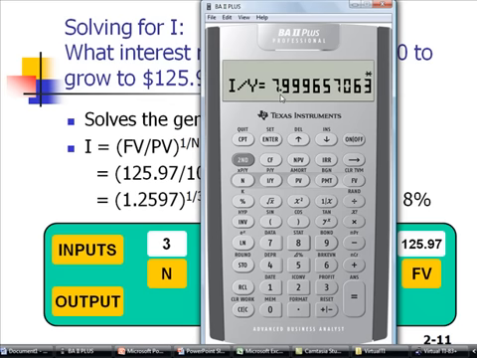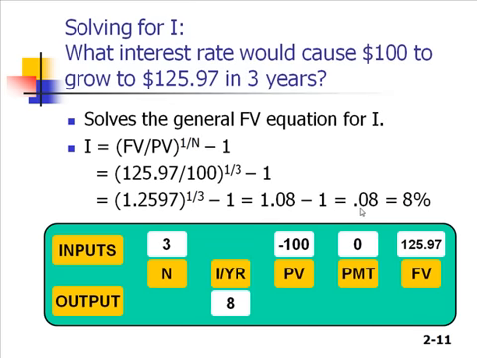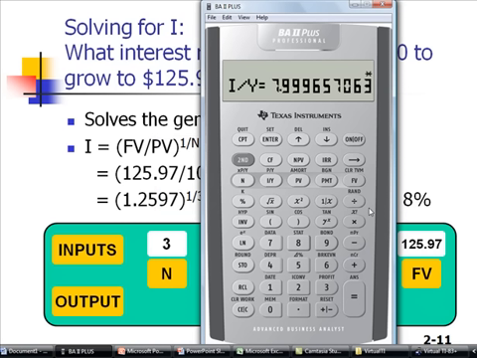When you're using a mathematical formula, then things will show up as 0.08, like so. 1.08 minus 1 is 0.08, and that was 8%. But when you're using specifically these calculator shortcut buttons, then it goes in there in percentage form, and you have to be careful to remember that.